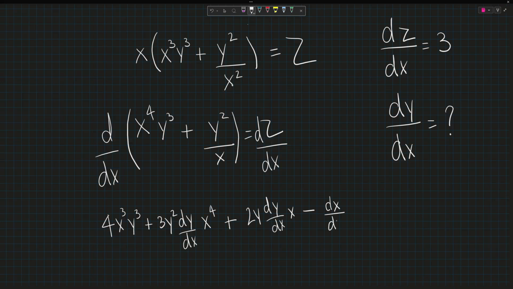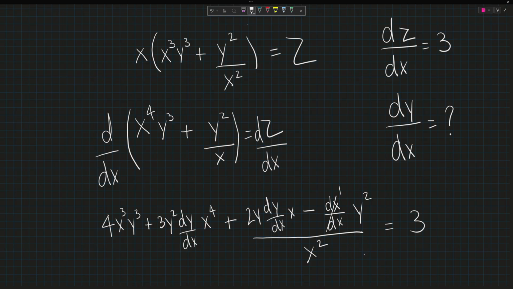I just want to show you what happens when you do that, because dx over dx is technically the same as writing 1, so this will be 1 times y squared. Divide the whole thing by x squared equals 3, because dz over dx is 3.